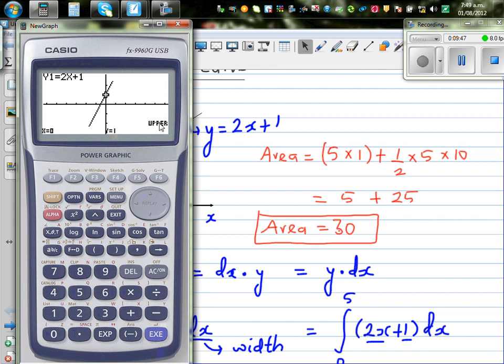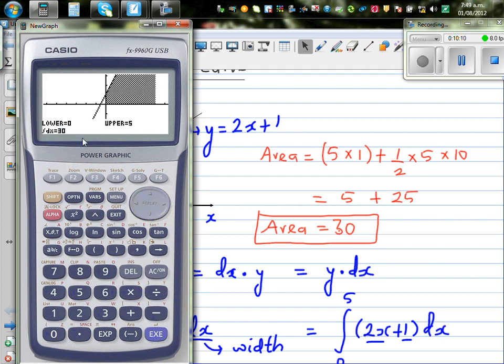Now it's asking what's your upper limit. So I want to scroll. Can you see this is going up in 0.1? So I'll go up to 5. It keeps scrolling till you reach 5 on the x value. So this is 4.5, 4.7, 4.8, 4.9, and when x is 5, y is 11, and then you execute.